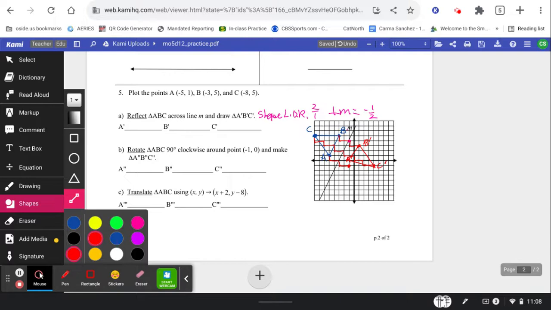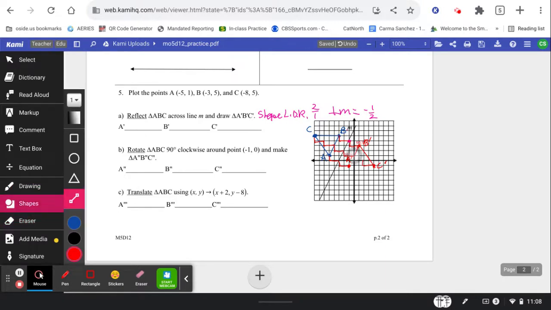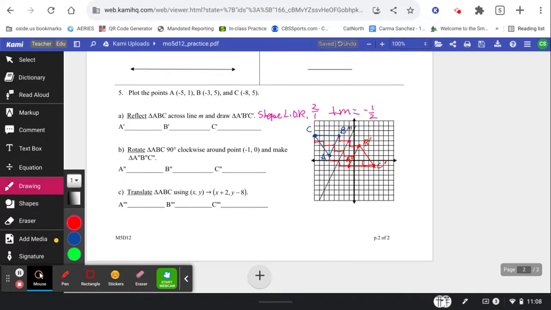And I connected it to the wrong spot, so it looks weird. Okay, now that looks like our triangle. Okay, so identify those prime points.